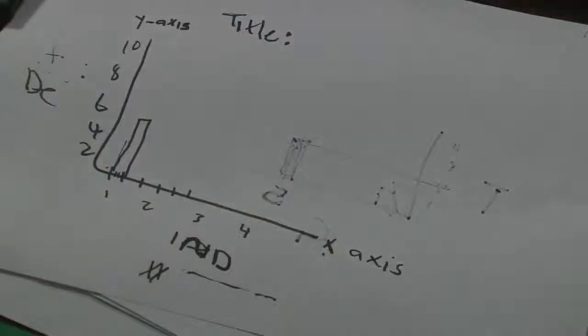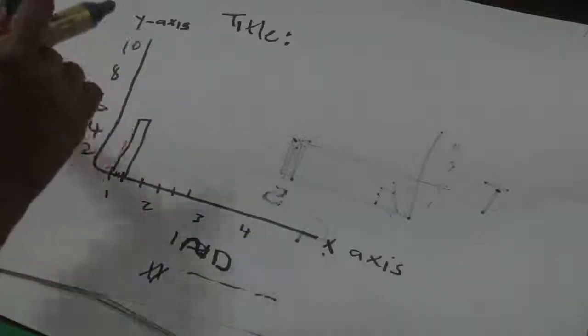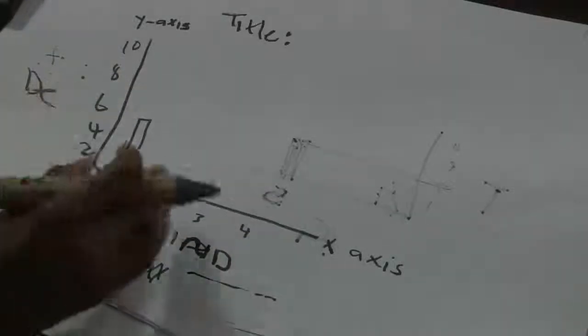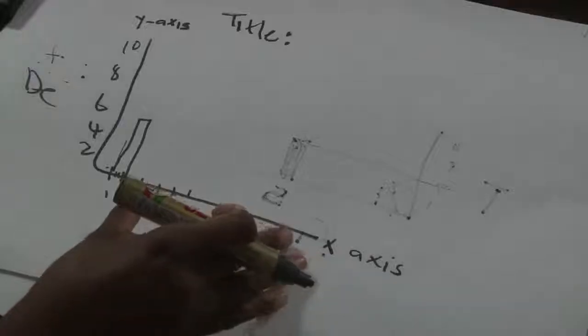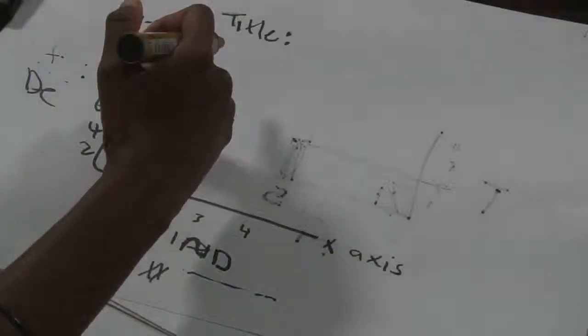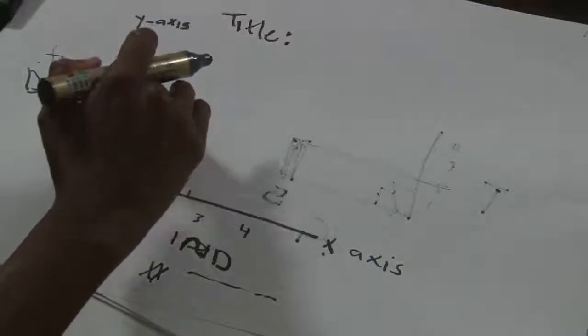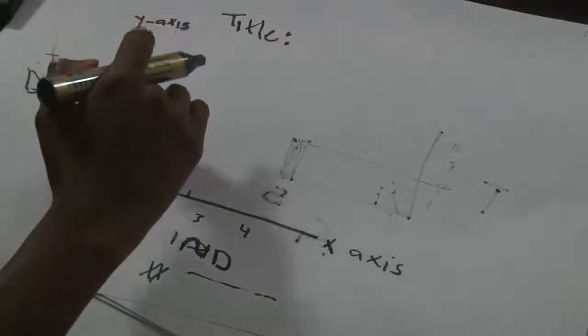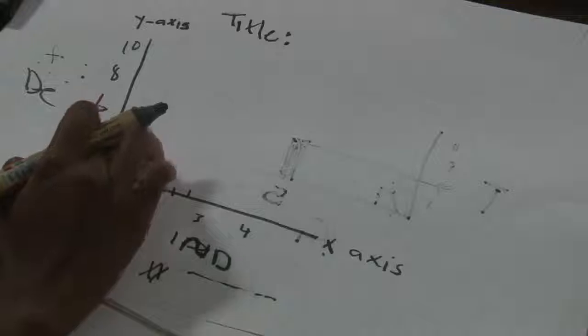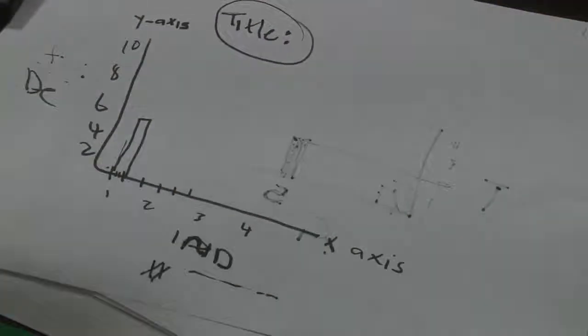So make sure that you label the dependent and the independent, you name them, the spaces are equal, and then the squares are corresponding with the independent variable and the dependent variable, and your bar graph is also having a title.